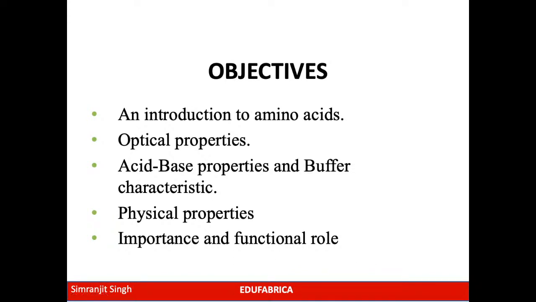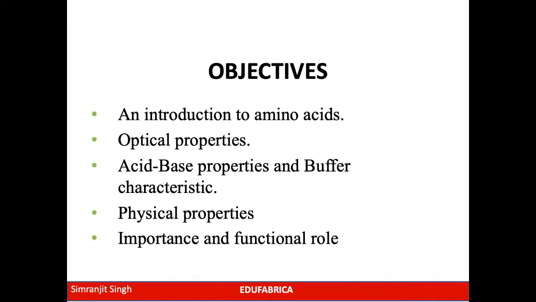So, in today's lecture, yesterday we discovered various biomolecules and how they are important from the biochemistry perspective. Now we will take each of these biomolecules one by one and discuss them.